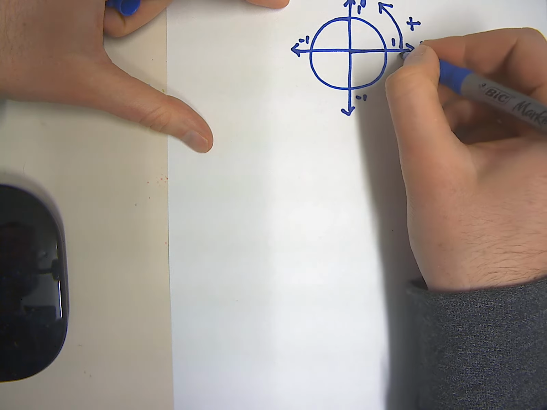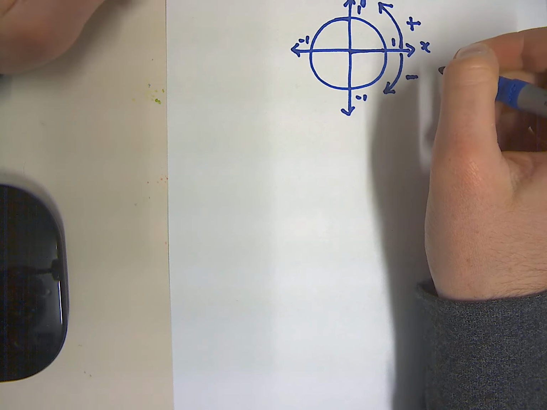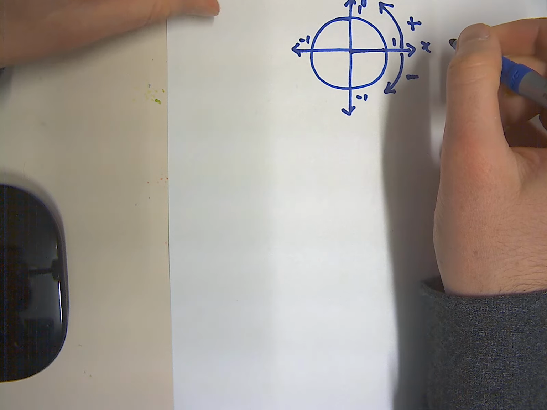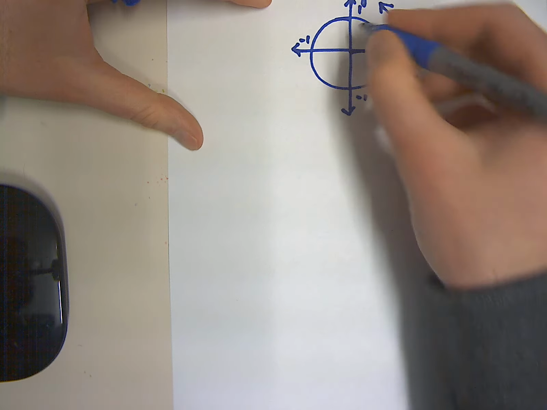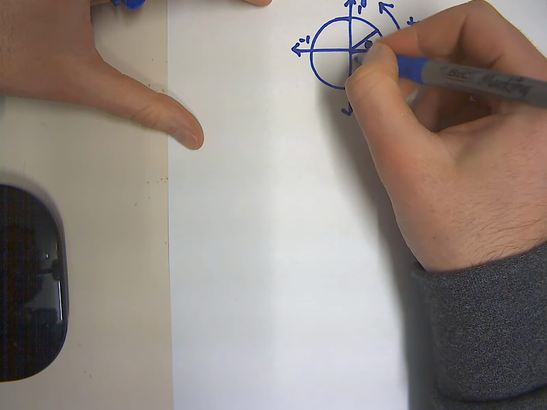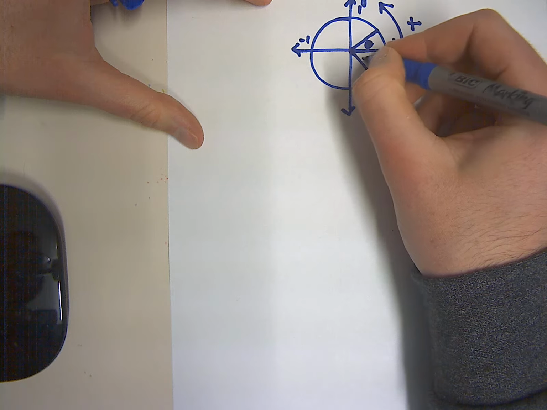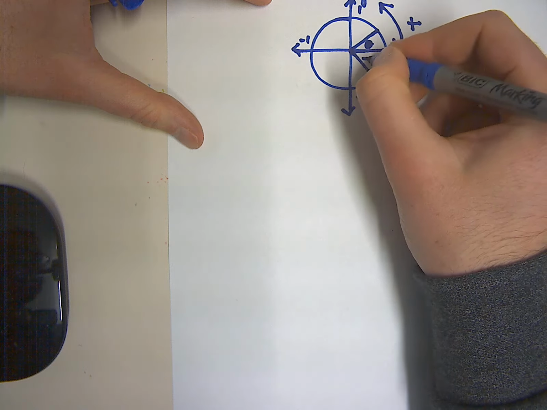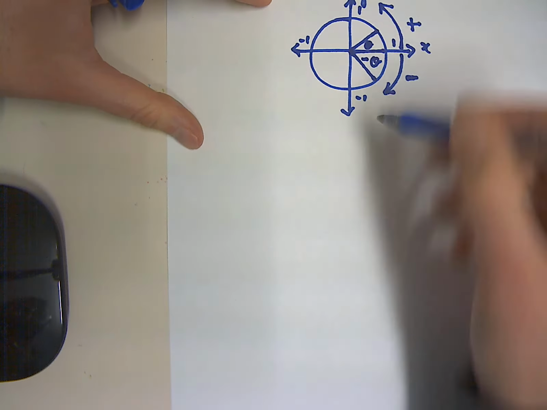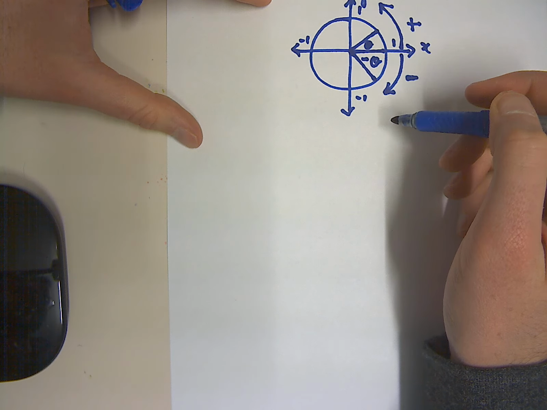From the positive x-axis to go that way is negative angles. Now, if I draw a line here, and we call that theta, down here, if that's also theta, this will be negative theta. If it's the same size angle, even though it doesn't look the same, but we'll imagine that it is, then it will be negative theta.